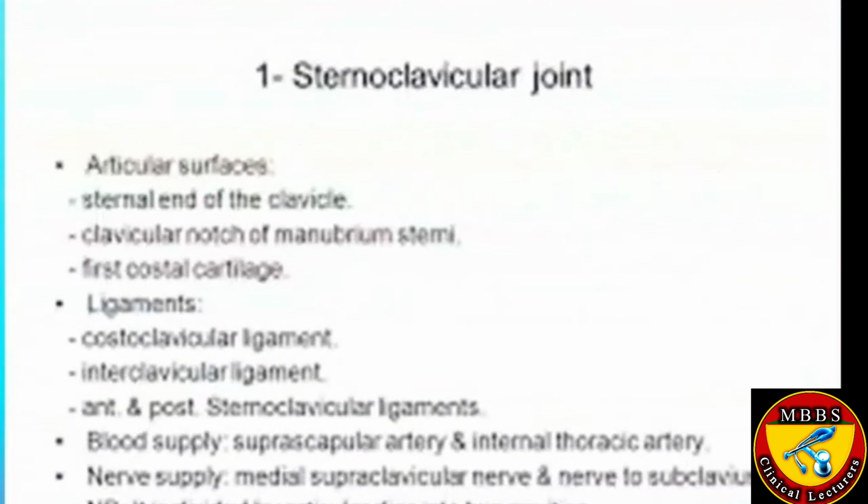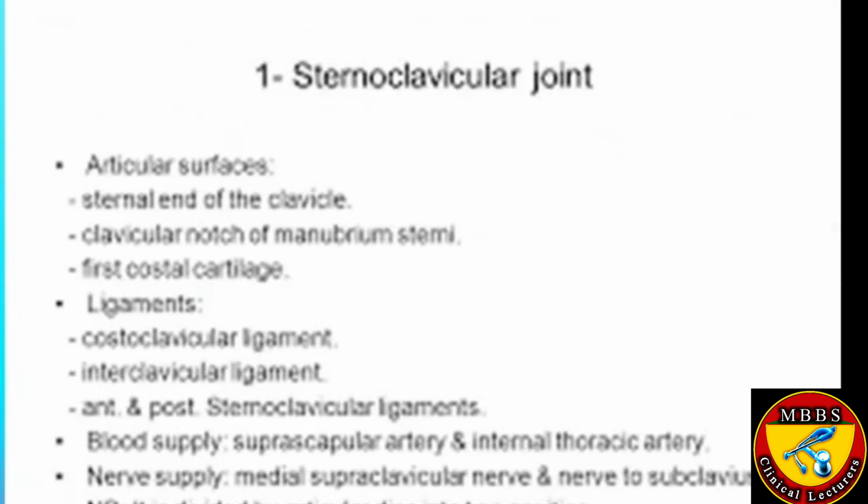So now when we come to the summary of the sternoclavicular joint, we have discussed the articular surfaces, which are formed by the sternal end of the clavicle, the clavicular notch of the manubrium sterni, and the first costal cartilage. Then there were three ligaments which we have discussed: the costoclavicular ligament, the interclavicular ligament, and the anterior and the posterior sternoclavicular ligament.